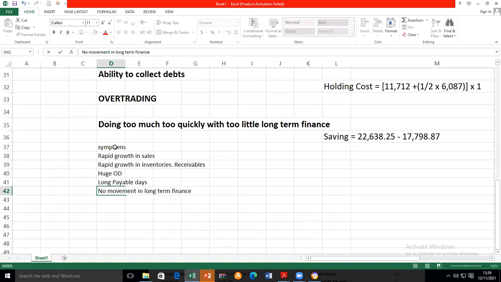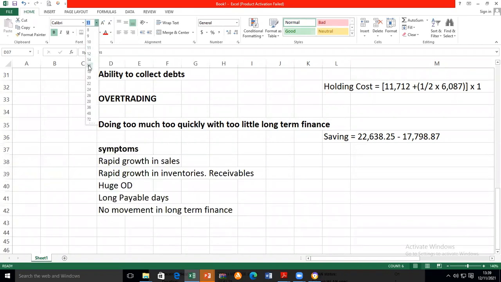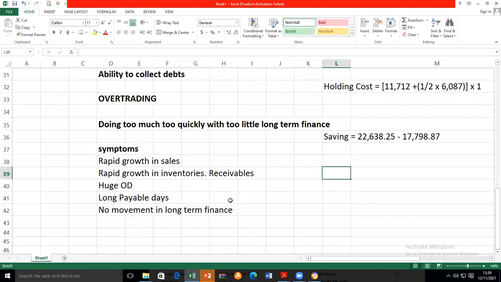When there is also very little investment in long-term finance. Okay, so those are the symptoms of a company which is overtrading. Another common question.